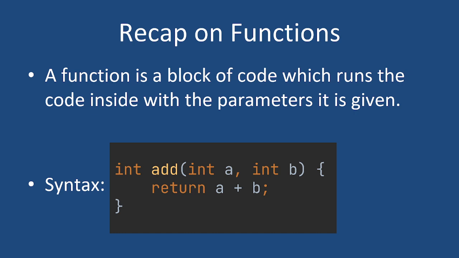The int written before add is the data type of what the function will return, and add is the name of the function. All right, am I clear? Is it making sense?